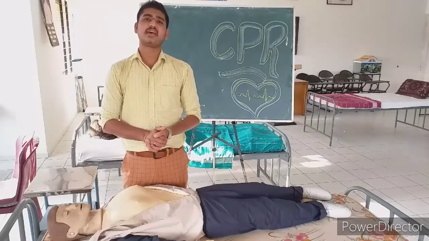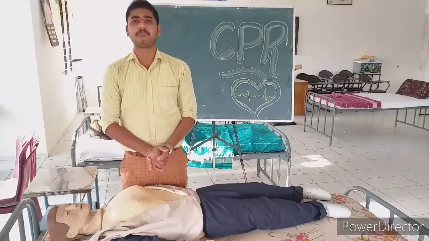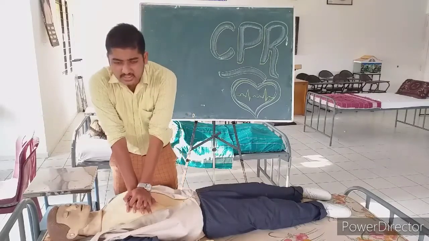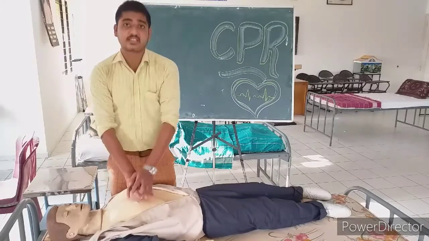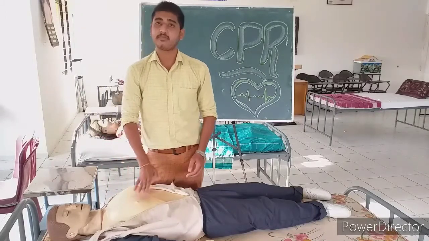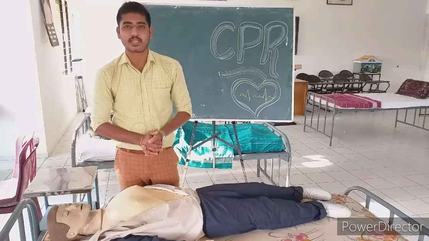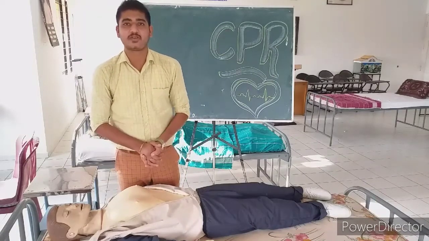One more thing I would like to tell you is that there is a small complication of giving the CPR, that is when you give the compressions. As it is very fast and hard, there are chances that you may break the ribs. A rib fracture may take place, so you need not worry about that, because you have to choose the life of the patient over the fracture of the rib.